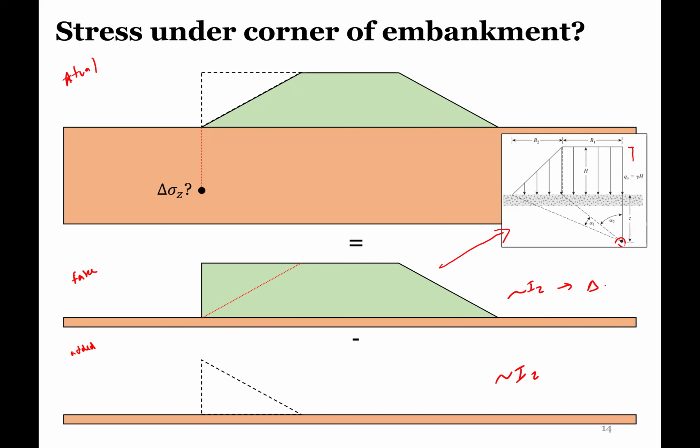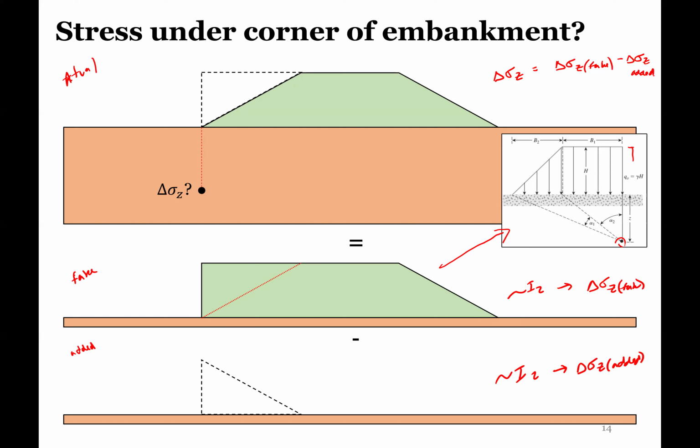So then you would find a delta sigma Z, and this is going to be our like fake one. And then you would here find the delta sigma Z. This is our like pseudo added one. And then the real delta sigma Z is going to equal the delta sigma Z fake minus the delta sigma Z for the added, something like that.